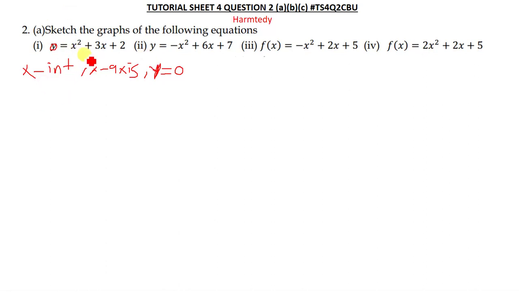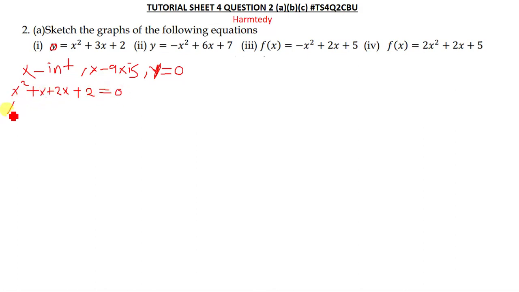Let's try the factorization method. The product will be 2, the sum will be 3, so we can use 1 and 2. We can say x squared plus x plus 2x will give us 3x, then multiplying them we get 2, is equal to 0.